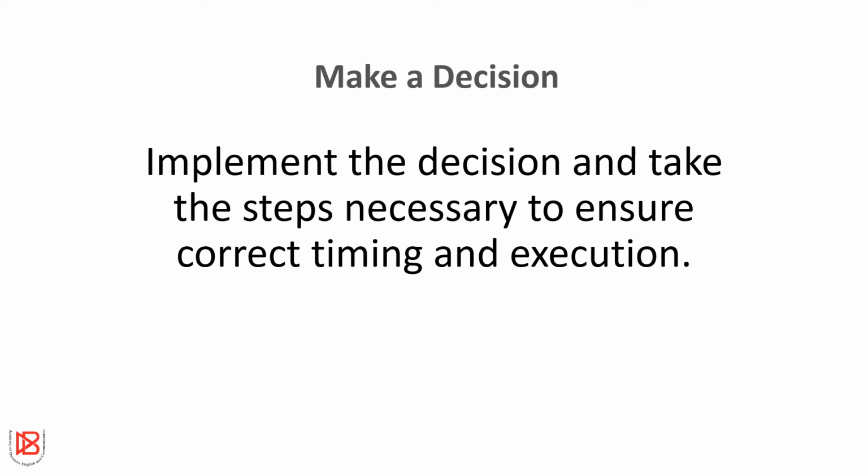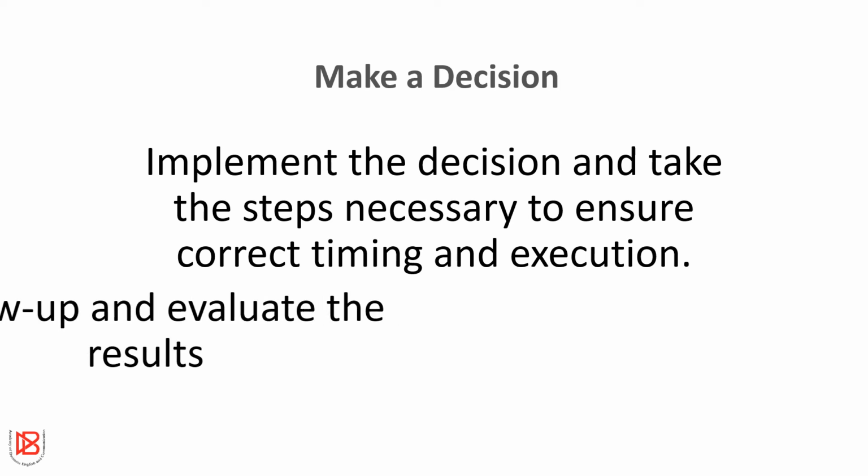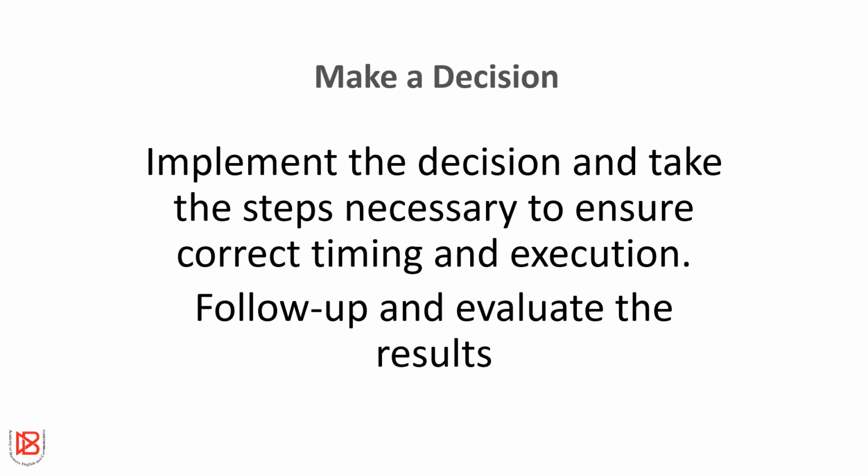So make decisions, implement the decision, and take the steps necessary to ensure correct timing and execution. Follow up and evaluate the result then and there. This is what we are looking forward to.